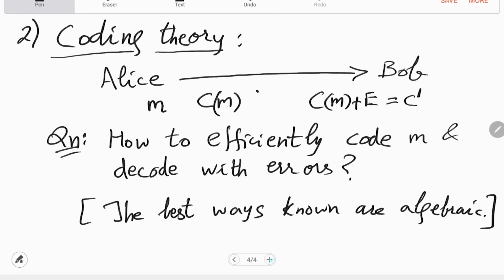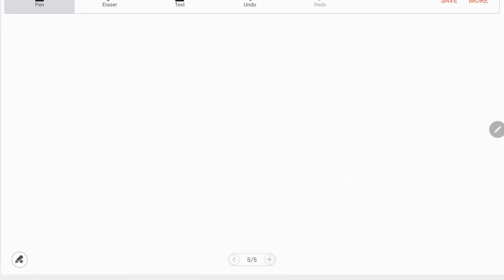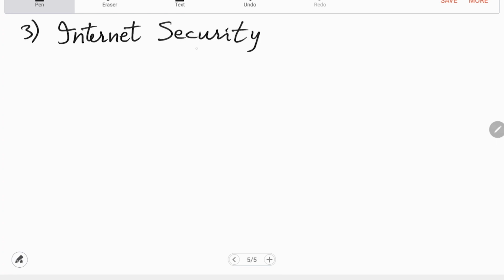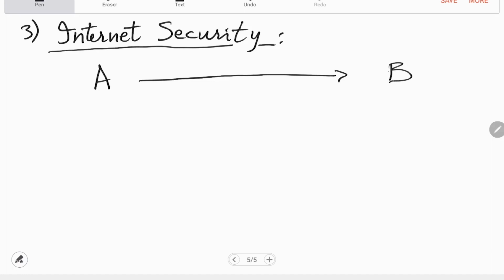Another equally important, if not more important, application is internet security, or security in general. So again, Alice wants to send a message to Bob through an insecure channel, but here Alice has already solved the problem of error correction, and she is more worried about the message being hacked.